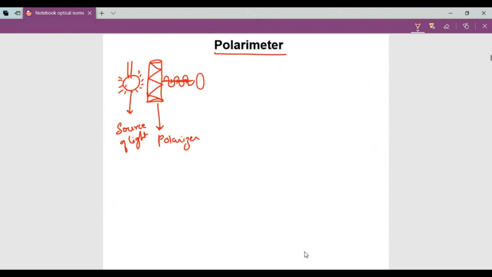Now I have a polarimeter tube here. This is our plane polarized light, PPL.